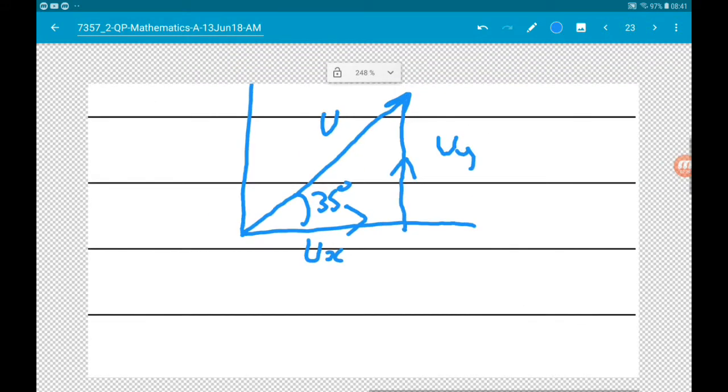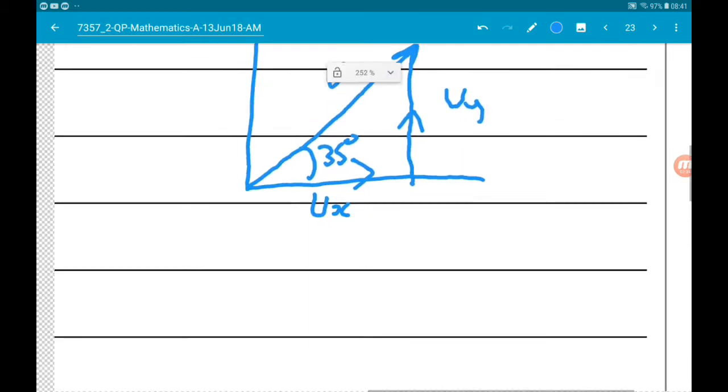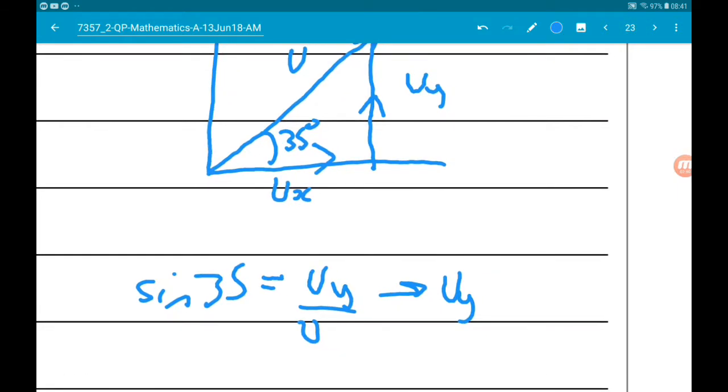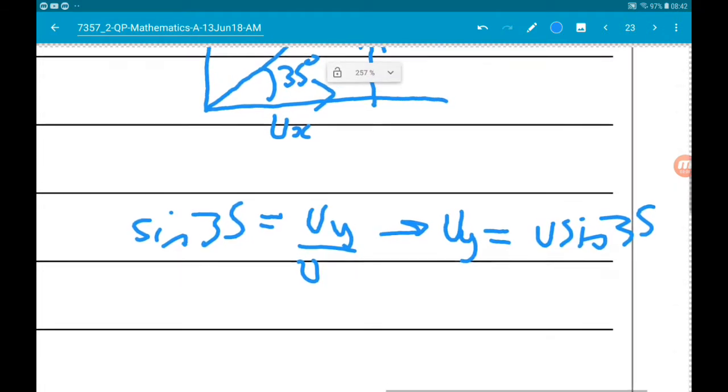So what we can get from that is that sine 35 is equal to u_y over u, which gives us that u_y is equal to u sine 35, and we can do something very similar for u_x.